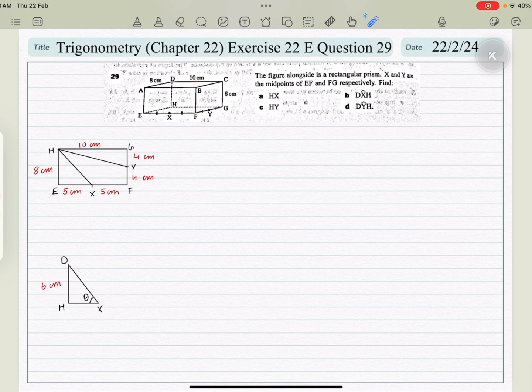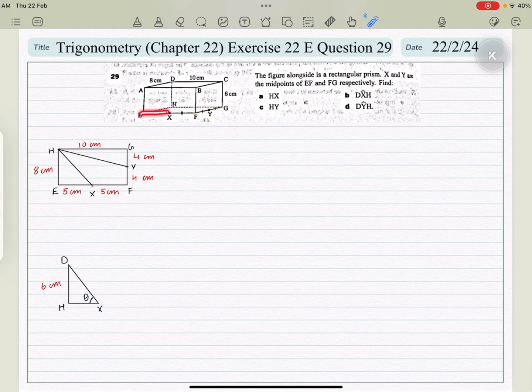So by that property, we can say that HG is equal to 10 centimeters. EH is equal to 8 centimeters. FG is equal to 8 centimeters because this is equal to 8 centimeters. And as Y divides it into two equal parts, FY is equal to 4 centimeters and YG is equal to 4 centimeters.